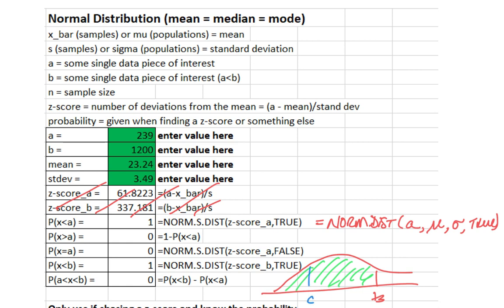Now, here's where A is, and when you say true on that, you're getting that. But what you want is the middle piece, and that's how come you have to subtract off that little bit of the A.